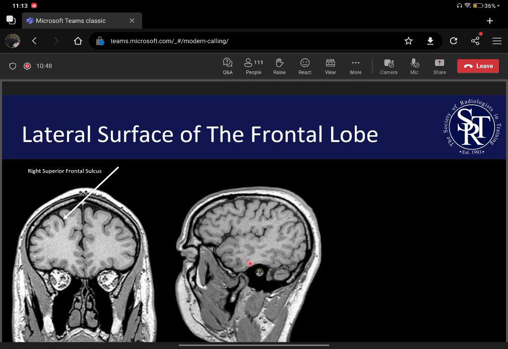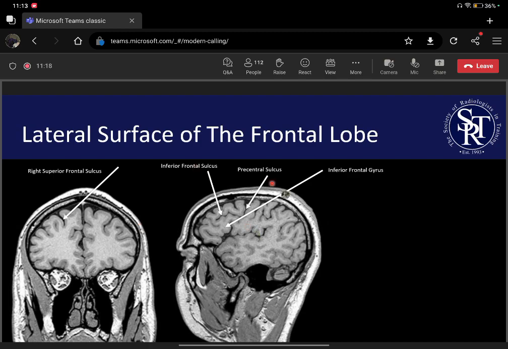On this sagittal image, we have an arrow again pointing to this black line, which is a CSF space, it's a sulcus, and that is the inferior frontal sulcus. This intersects with another sulcus over here, forming like an L kind of shape, and that is the precentral sulcus. So you can see that they intersect together, and there's a gyrus here just below them, and that's the inferior frontal gyrus.